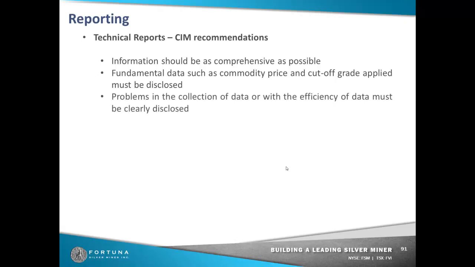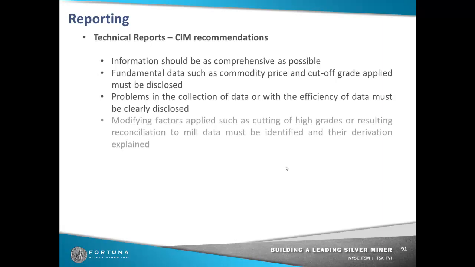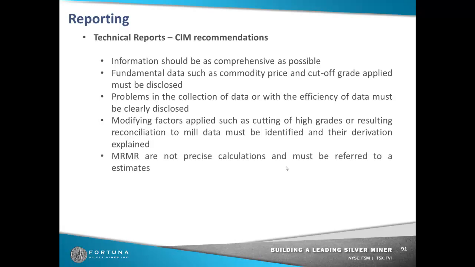Problems in the collection of data or with the efficiency of data must be clearly disclosed. Modifying factors applied, such as cutting off high grades or resulting reconciliation to mill data, must be identified and their derivation explained. Mineral resources and mineral reserves are not precise calculations and must be referred to as estimates.